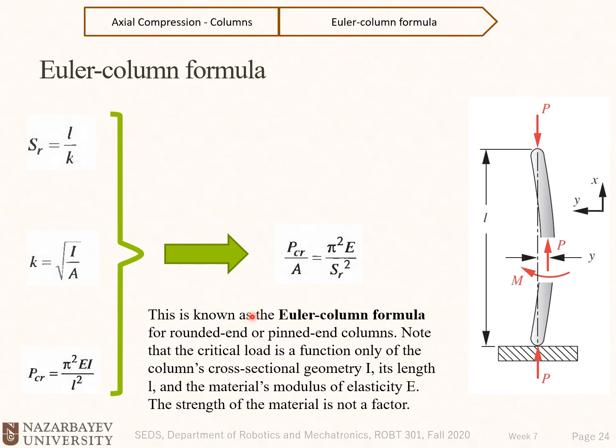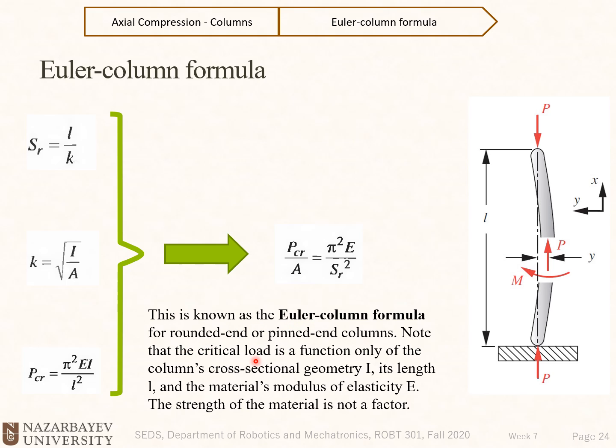This formula is known as the Euler-Coulomb formula for rounded end or pinned end columns. So remember that this formula is calculated based on these specific boundary conditions.